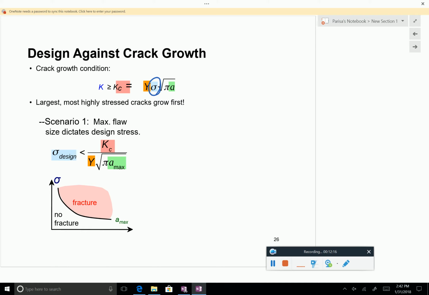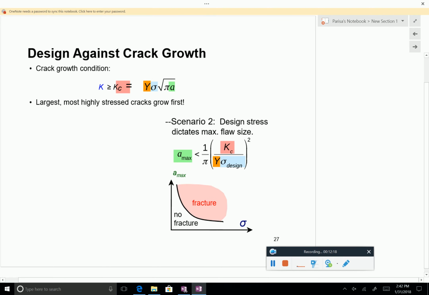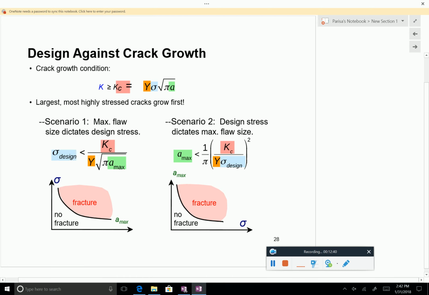Or you want to make sure that the size of your crack is small enough that in combination with the stress, it falls somewhere here and not here. And this equation is basically nothing else but the equation that you see here, relating the fracture toughness to stress and to crack size.